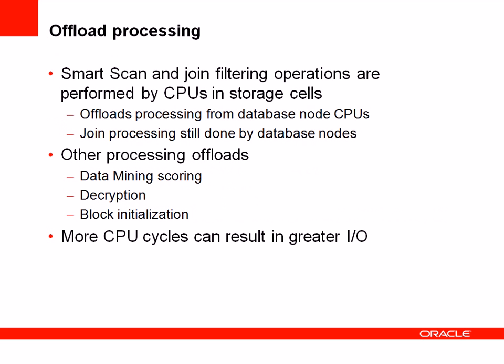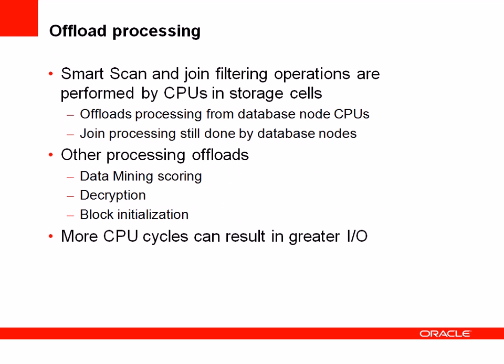Data mining scoring. I don't know if you're using data mining, but if you are, you know that data mining works by setting up a condition where different rows are scored to see how well they fit a particular model. This scoring can be a fairly CPU-intensive operation, but that's completely offloaded to the Exadata storage server.